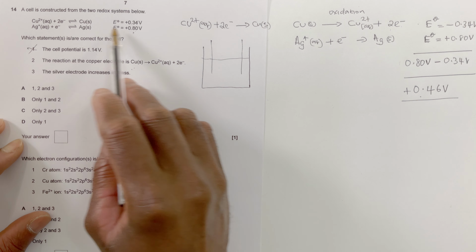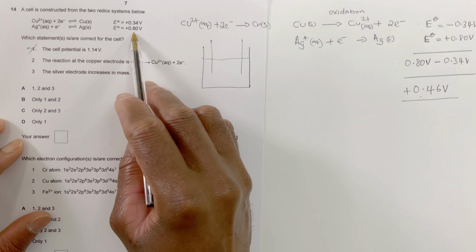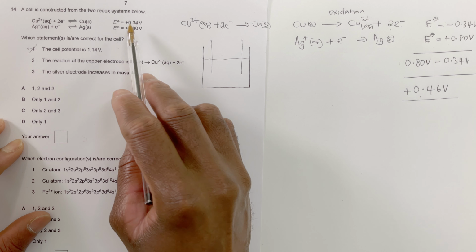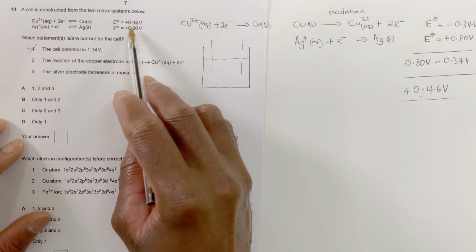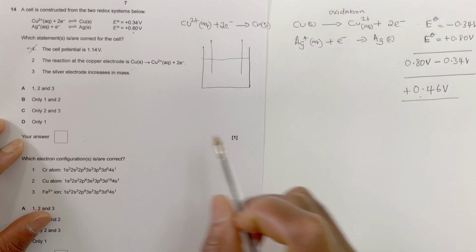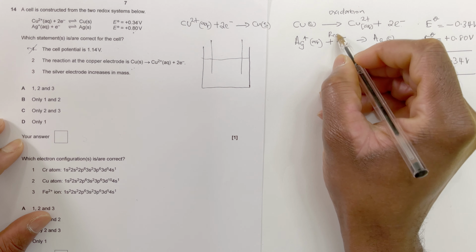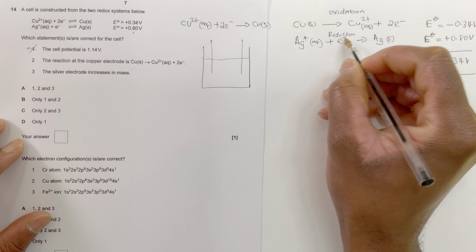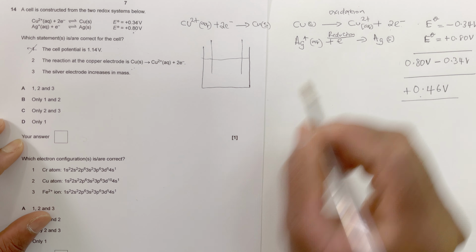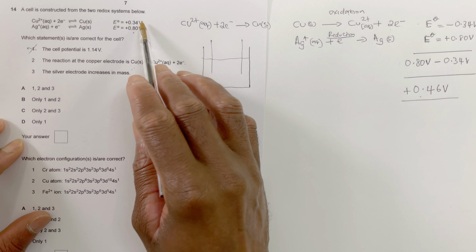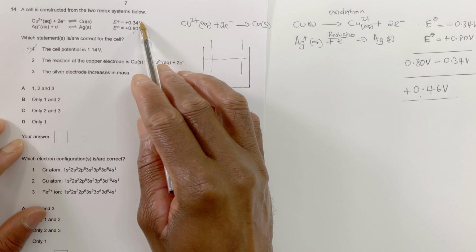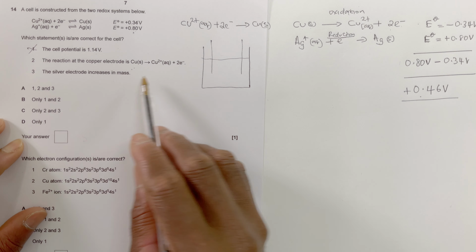That will be reversed because this is smaller than that. The bigger one stays and the smaller one is reversed. The smaller one is oxidation and this one here is reduction. Reduction stays, the smaller one becomes oxidized. And so that's correct.